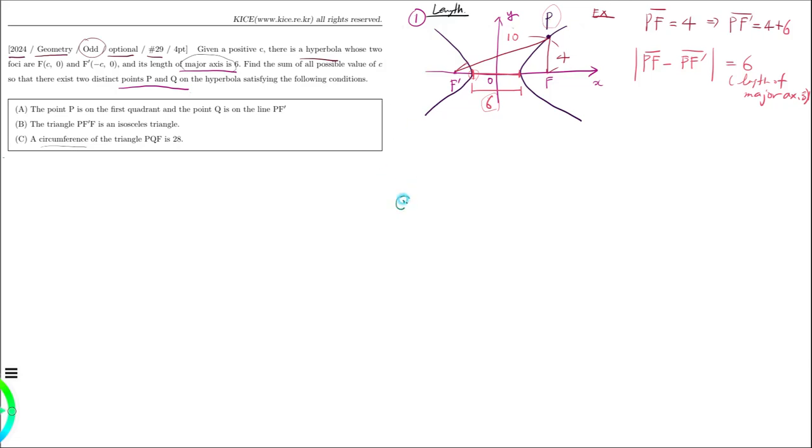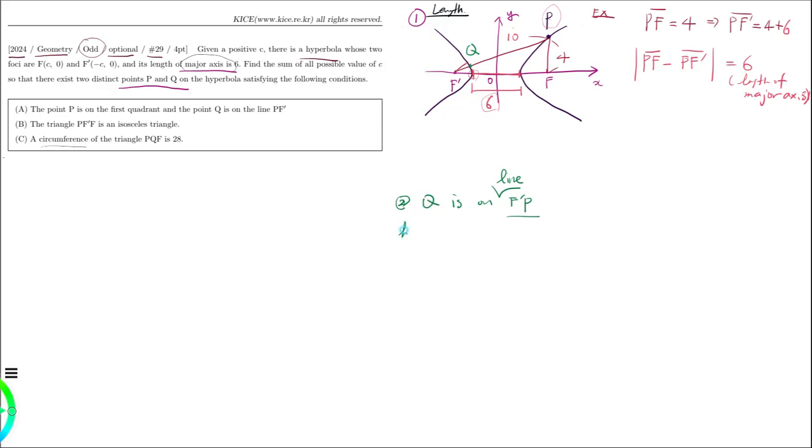And the second point, which is a minor one: the other point Q is on the line F prime P. Think about it.